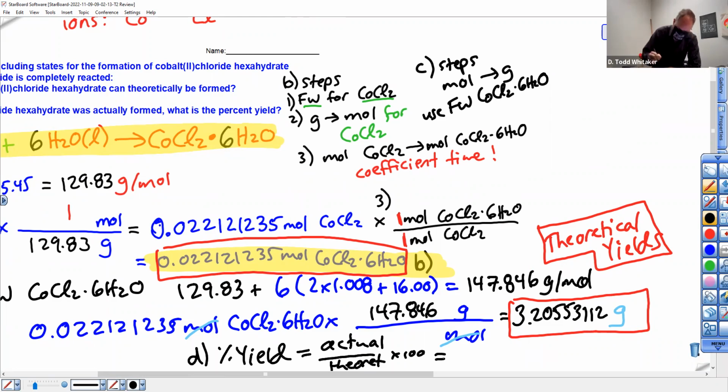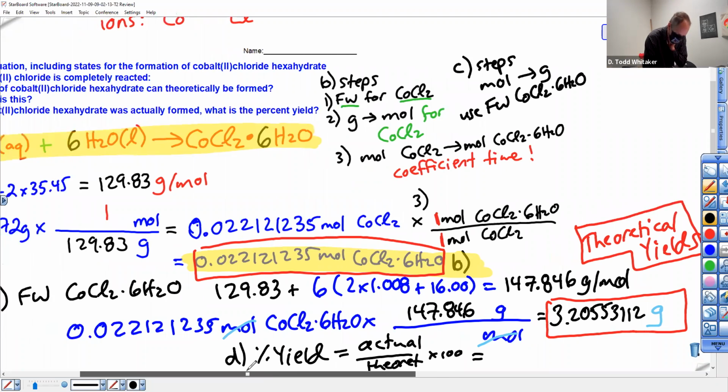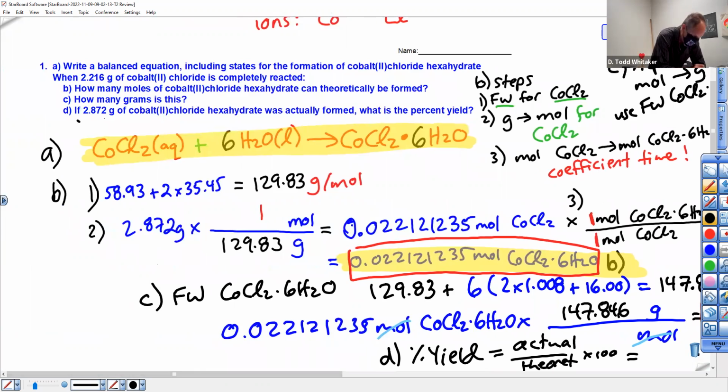Use the matching units, so don't use moles. I don't have moles up here though. You better use grams or else you have to convert that to moles, and that's an extra step you don't have to do. Don't do it.